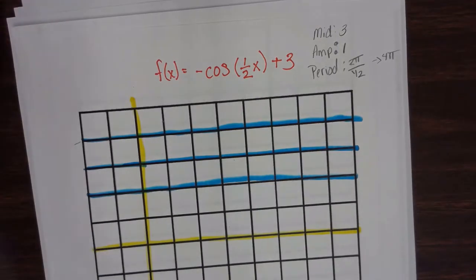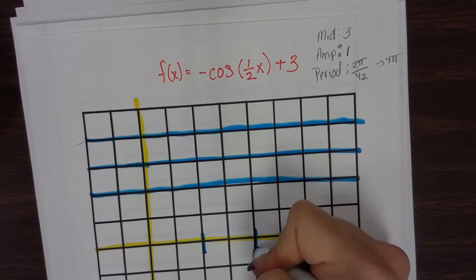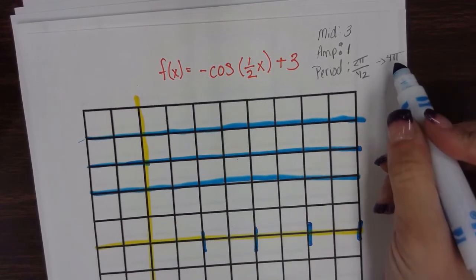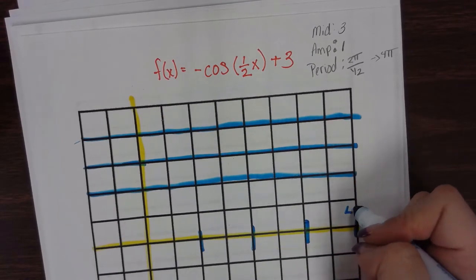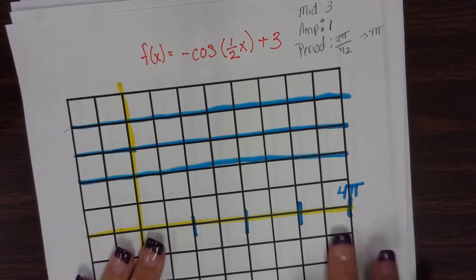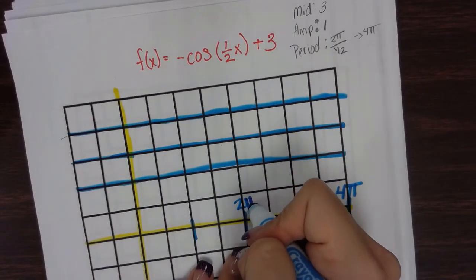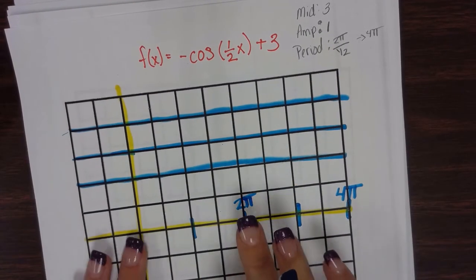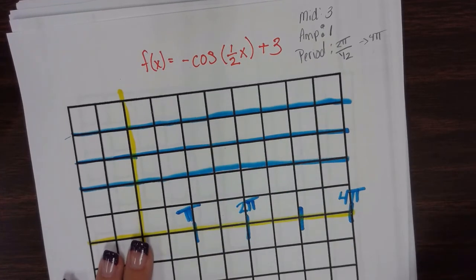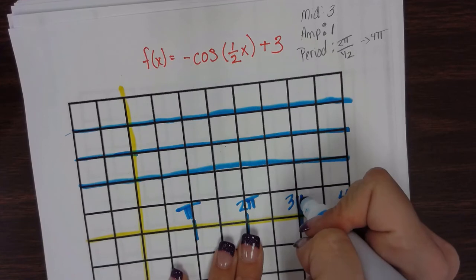Do you remember what that means? It means that at my 4th tick mark, that's what the period is. So 4 pi. Okay, let's divide that in half to get this tick mark, which is 2 pi. Well, what's between 0 and 2 pi? 1 pi. What's between 2 pi and 4 pi? 3 pi.